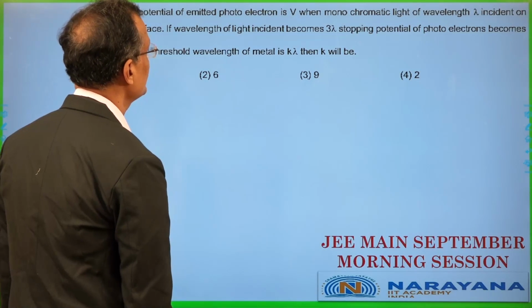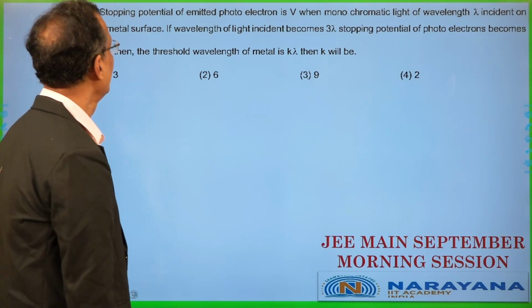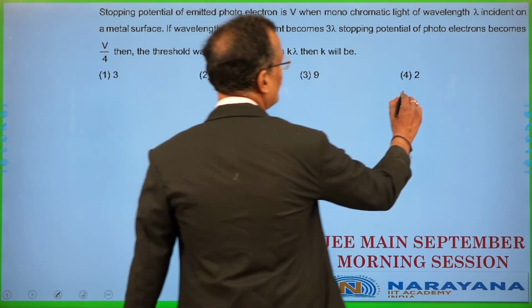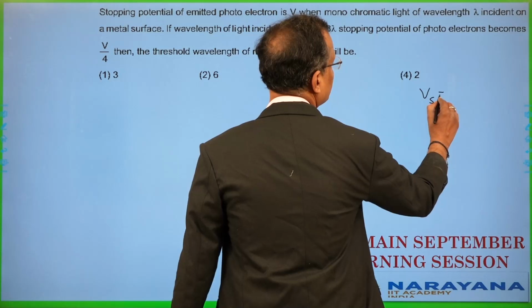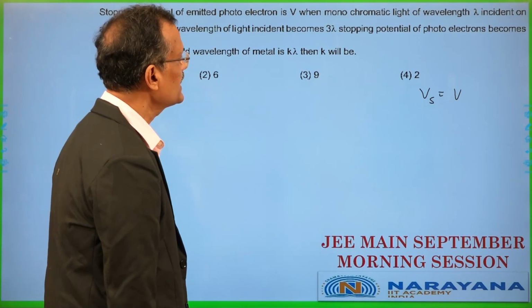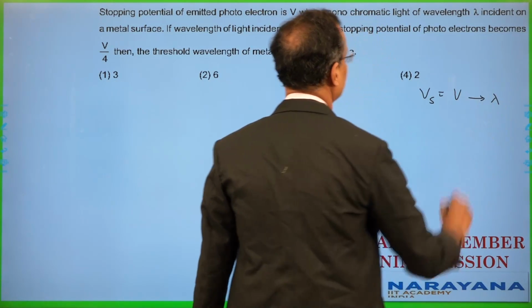It is from photoelectricity. Stopping potential of emitted photoelectron is V. So Vs, they have given us V, when monochromatic light of wavelength lambda is incident on it.